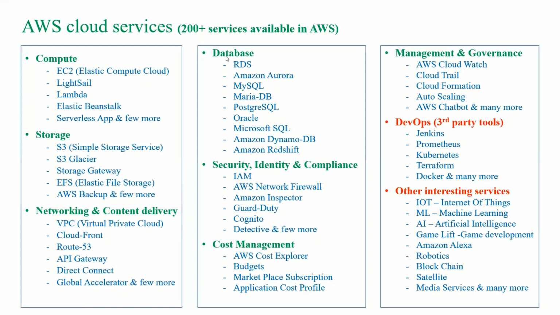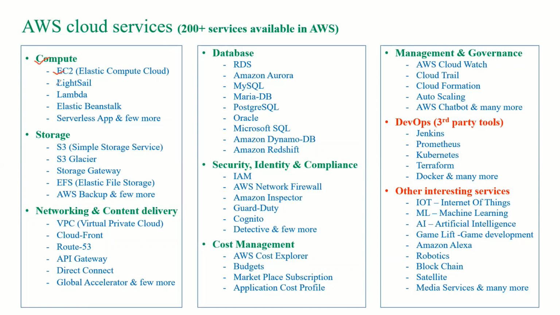Next, what are all the services that we will touch upon in these 8 weeks of weekend classes? As I said, AWS Cloud provides over 200-plus services readily available. The popular services that we will touch upon in our class: one is compute. Under compute, we have one service called EC2, Elastic Compute Cloud. That is what we have learned today.